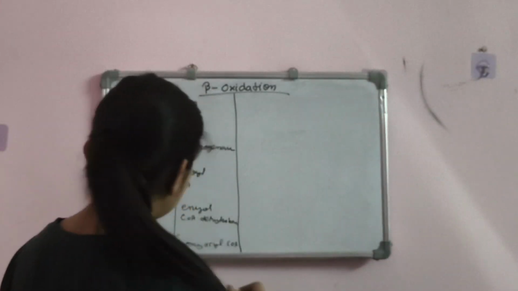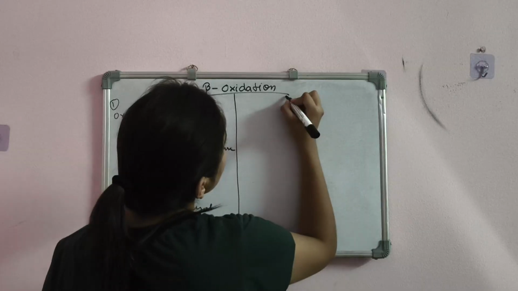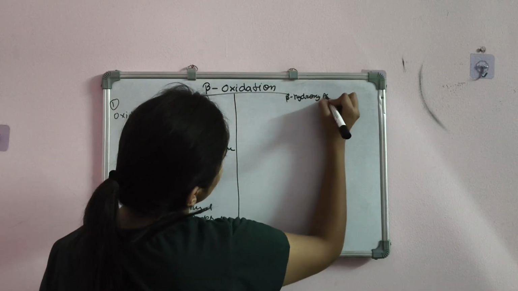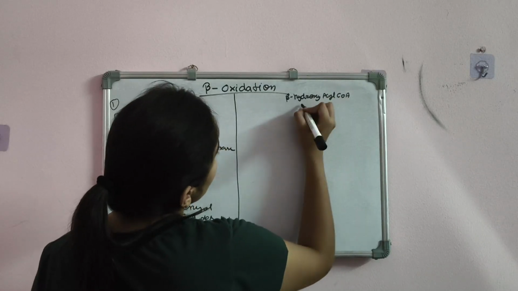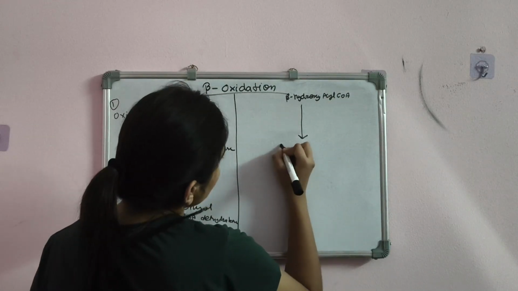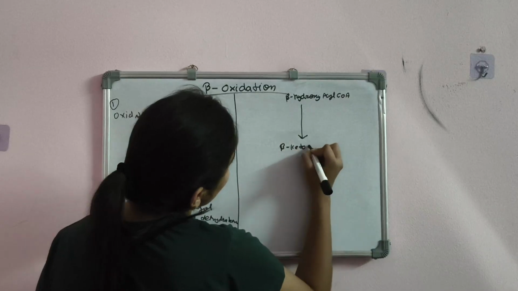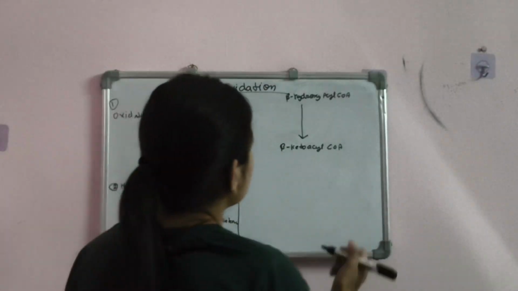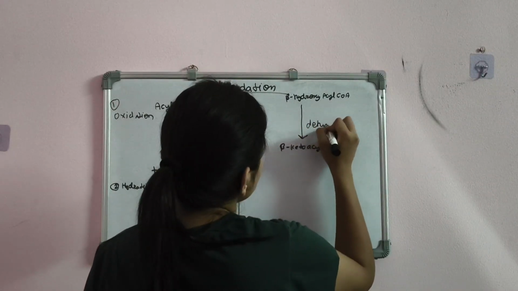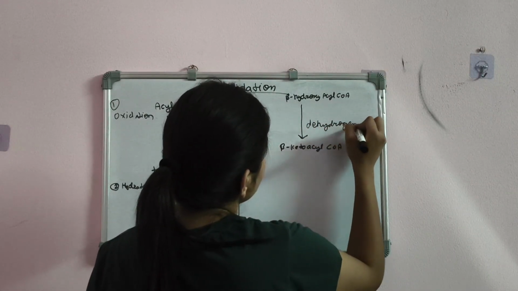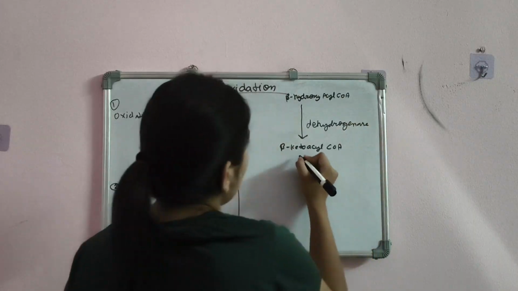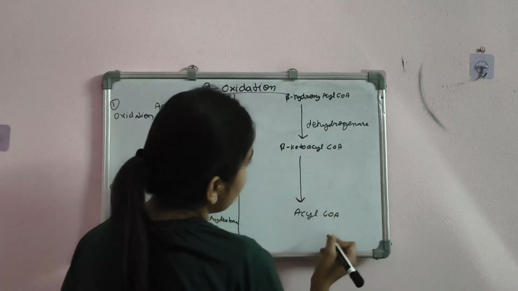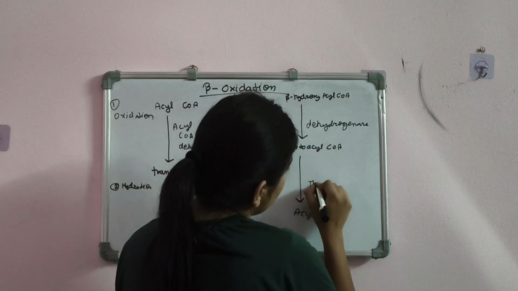Now this beta hydroxyacyl CoA forms beta ketoacyl CoA with the help of the enzyme dehydrogenase. This is also oxidation, and then in the last step it forms acyl CoA with the help of the enzyme thiolase.